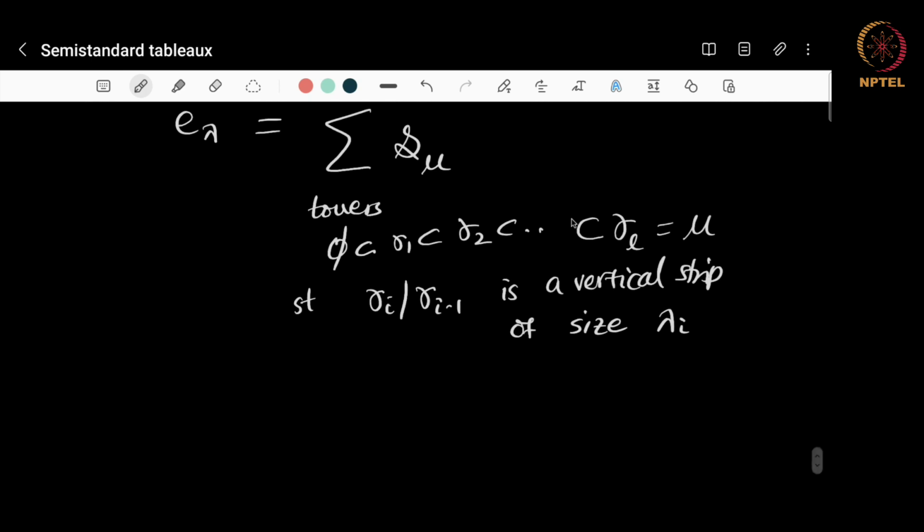At every step, initially you have lambda 1 boxes along a column. To that you have to attach lambda 2 boxes, like this, then lambda 3 boxes like this, and so on. So the same successive attachment rule works, except now it's done along columns rather than along rows.